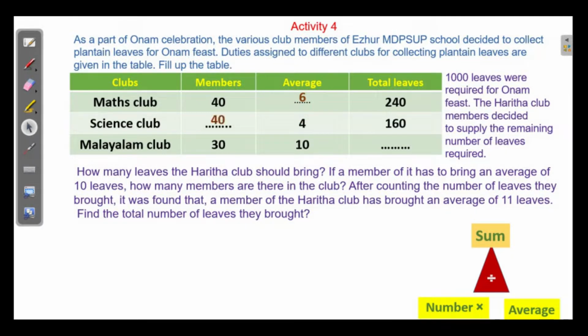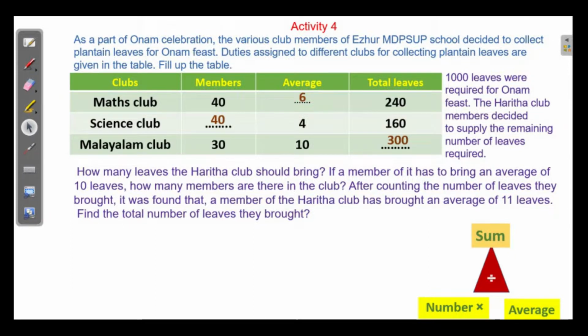So that is the number of members. And in the third case, we have done so many problems. Number and average are given. So the sum is number into average, which is 30 into 10, 300.